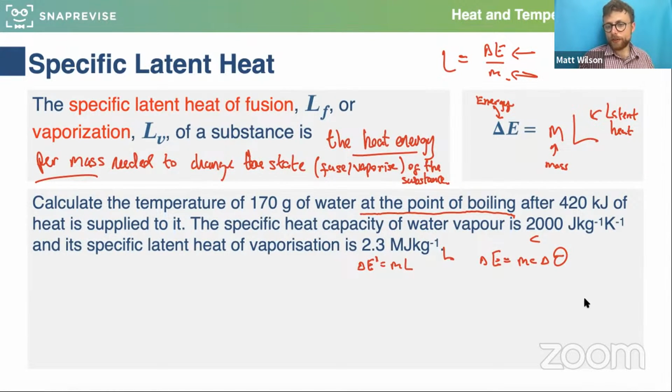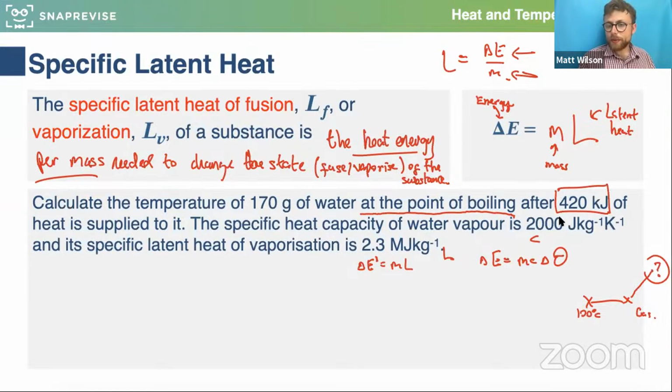We want to calculate the final temperature. We're initially water, so we're initially at the point of boiling, which is 100 degrees centigrade. We know some energy will have to go in to get us into the gas state, and then the rest of the energy will go into changing our temperature, and we want to find out that final temperature. So let's start off.